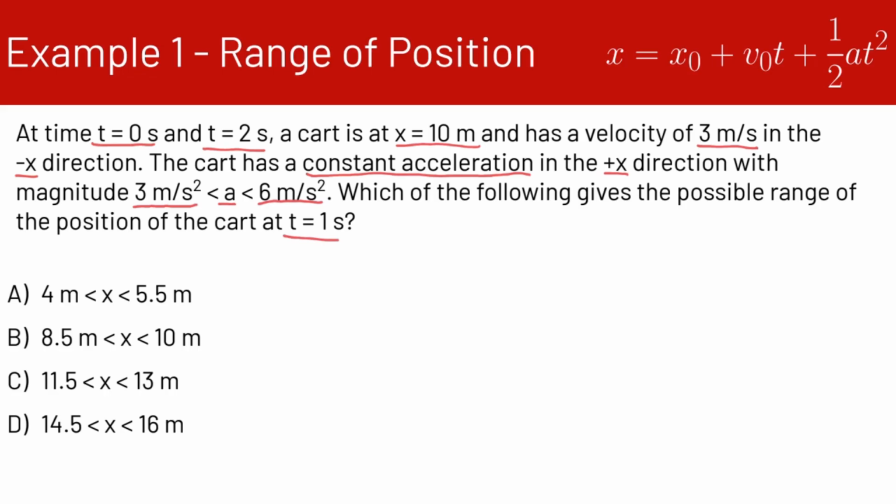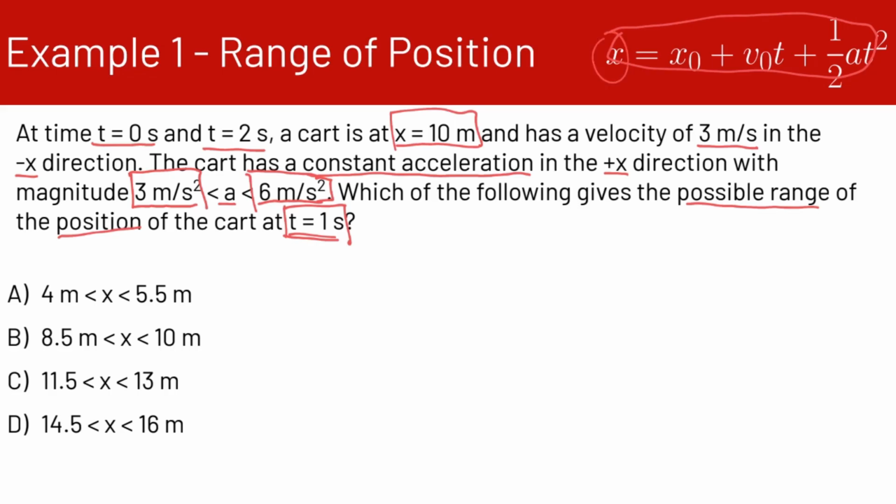Okay, so we're looking for a possible range of positions. What I'm going to do is use this equation right here, and I'm going to plug in the time t equals 1 second, and I'm going to plug in this magnitude of acceleration, and use this as our initial position, and we're going to see what our positions come up with.